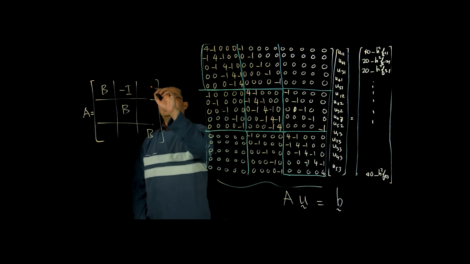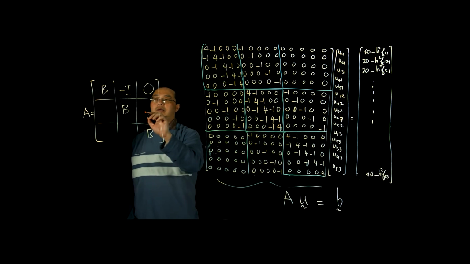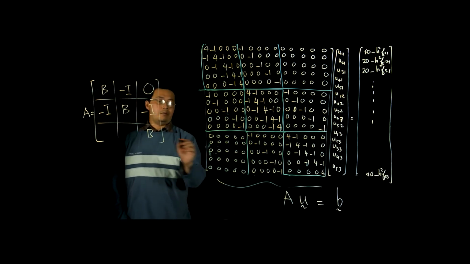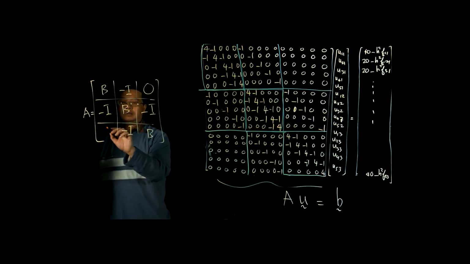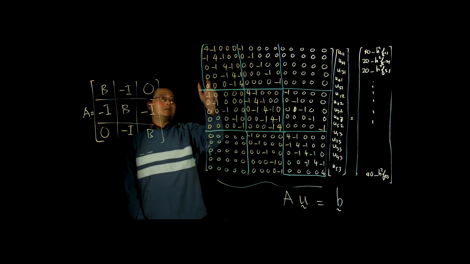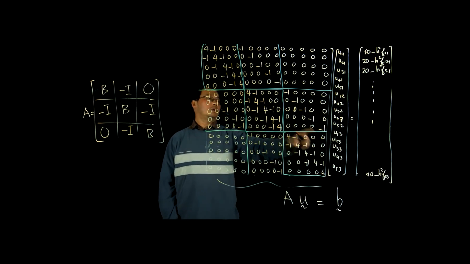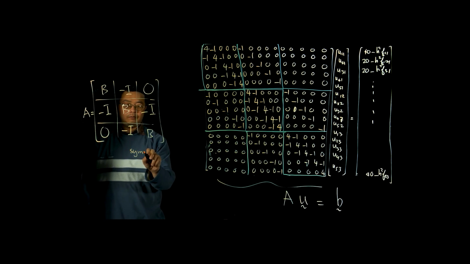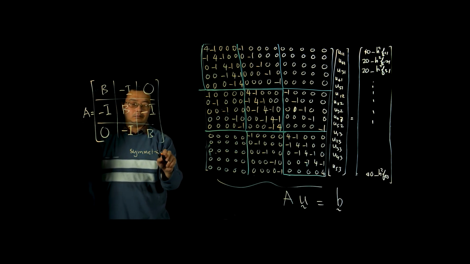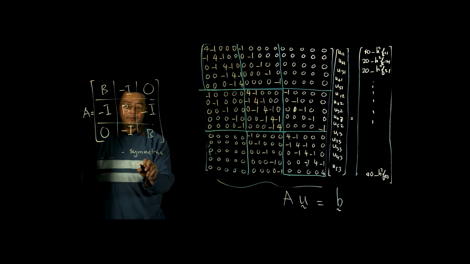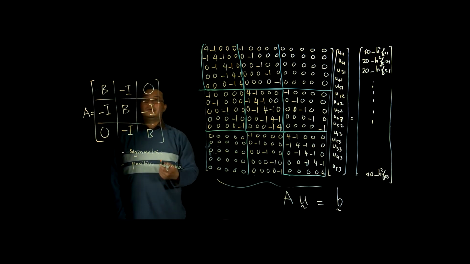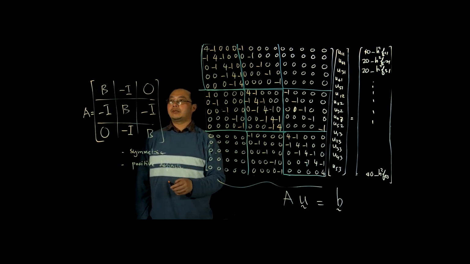And this is a zero matrix, and this is a minus identity, minus identity, and this is a zero matrix. So the matrix is symmetric, yeah, okay, and it's positive definite, so we can use Cholesky factorization.